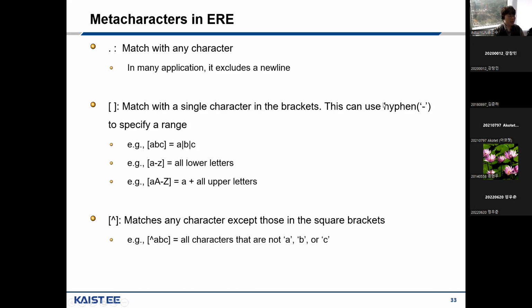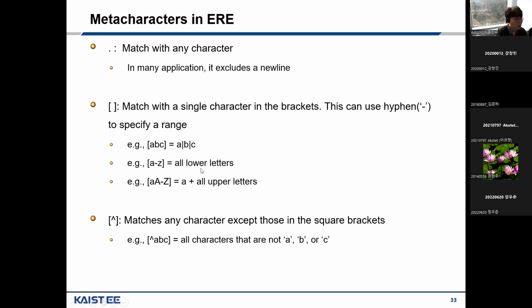One good thing about this is that we can use a hyphen to specify a range. So if you do a-z, then it will be all lower case characters, from small a to small z. And if you want to represent all the lower letters and also the capital A, then you can put a-z and capital A, then it would become A plus all lower letters.